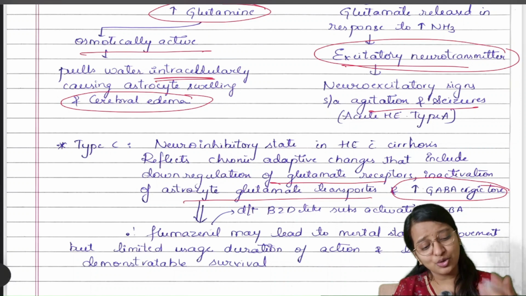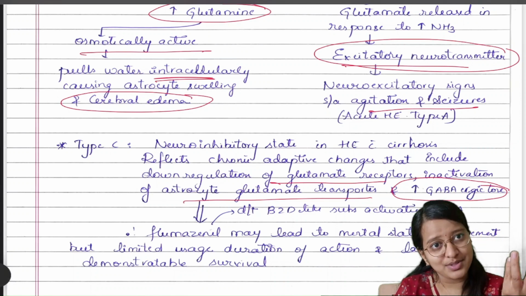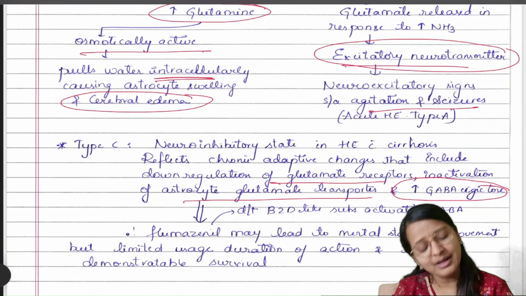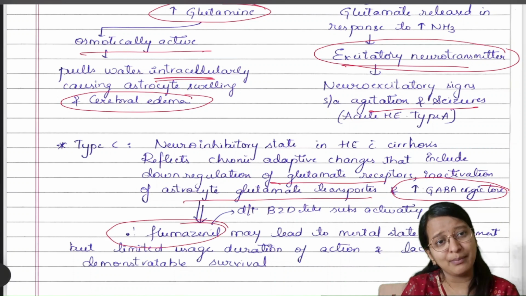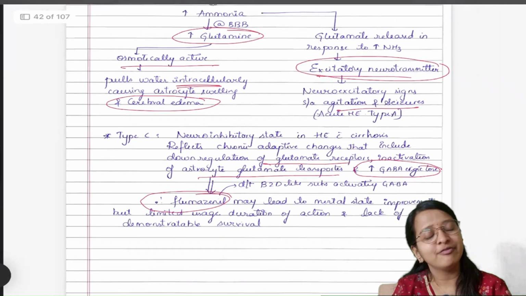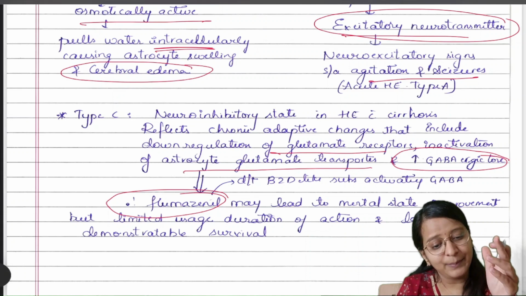That means something similar to benzodiazepine-like substances. So this might be treated with the benzodiazepine antagonist flumazenil. But its usage, of course, is limited because we might not know the entire pathogenesis. So for this, just remember type C is neuroinhibitory and type A is neuroexcitatory.